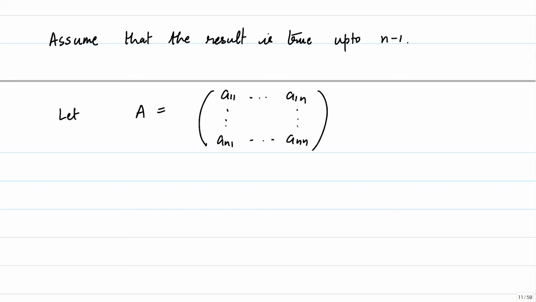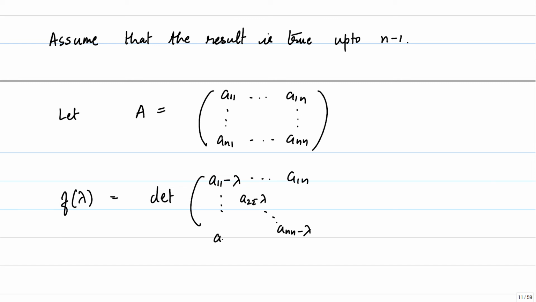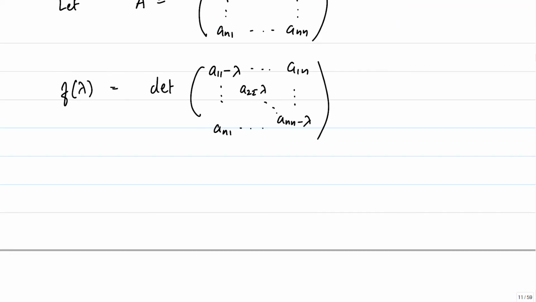What will be the characteristic polynomial f of lambda? That is just going to be the determinant of the matrix with a11 minus lambda, a22 minus lambda along the diagonal. Along the diagonal I am writing the entries first. The remaining terms are as usual. Alright, so this is exactly what our f of lambda is. Now let's look at the cofactor expansion along the first row.